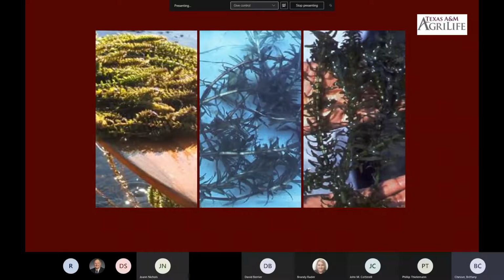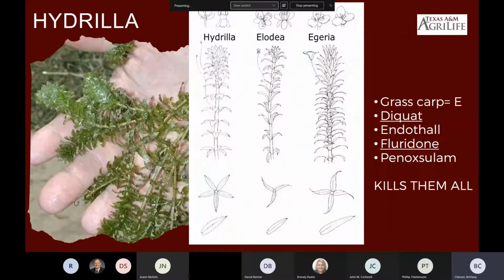But these are all different plants. And so in order to tell your Hydrilla, Elodea, Egeria apart, they all have whorled leaflets around the stem, but you can tell them apart if you break the stem off and count the average number of leaflets per whorl.